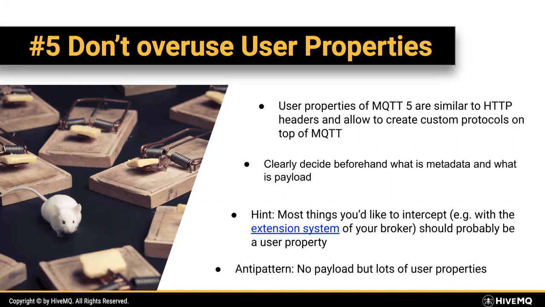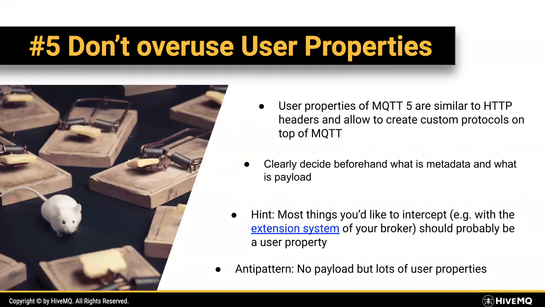But if you see yourself in a situation where you don't carry any payload anymore, but a lot of user properties in your packets, then this is a huge anti-pattern. So as a rule of thumb, the user properties should not be a lot more than the actual payload you're creating, because then we're talking about overhead. But again, this depends on your application, on what you're doing.